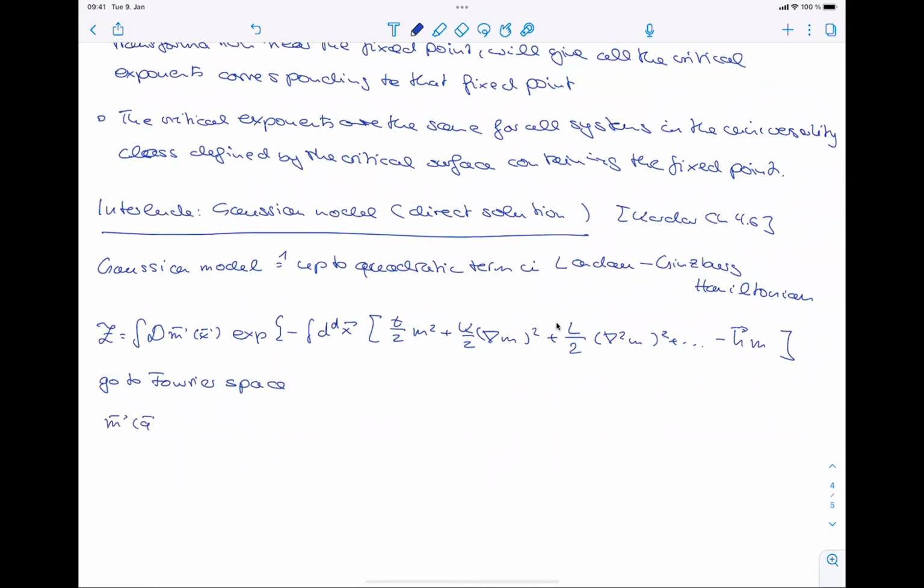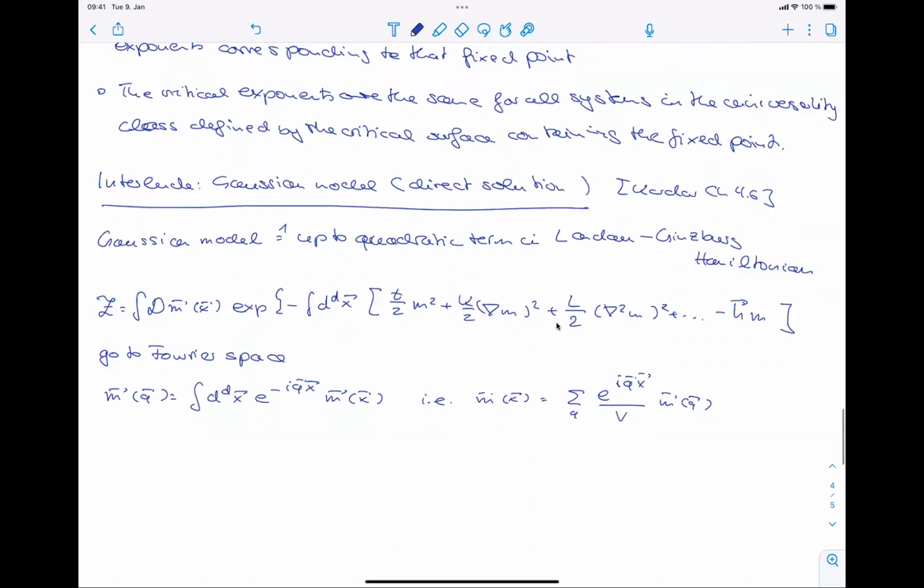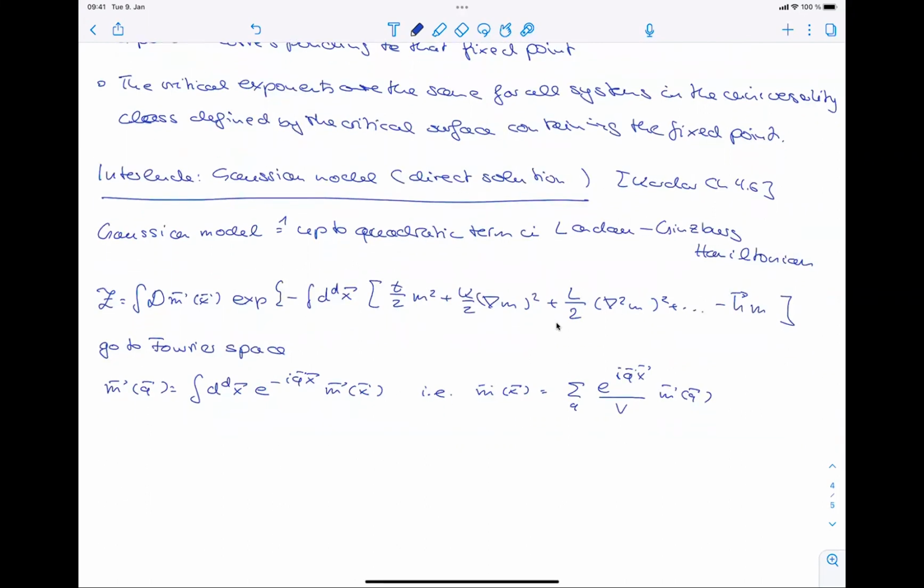So we define the magnetization field as the Fourier transformation of the spatial field, which means that I can write my spatial fields as a sum over e to the iq x over the volume normalization.